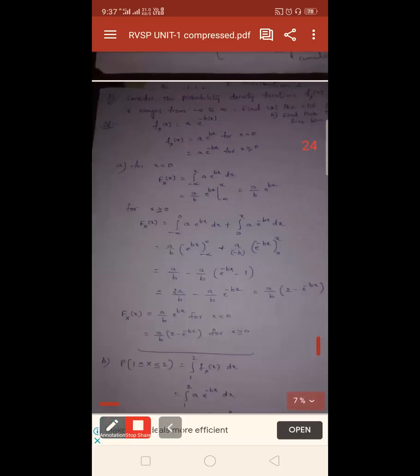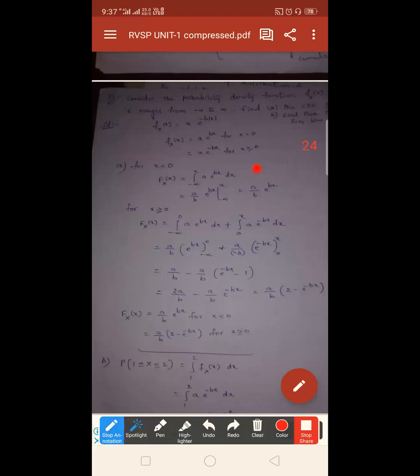Next, see the second possibility: x greater than or equal to 0. For x greater than or equal to 0, the cumulative distribution function means you have to add the previous values also.